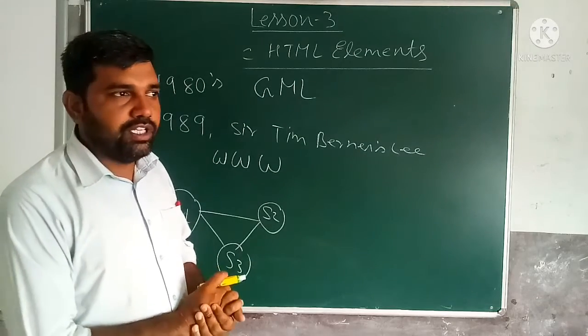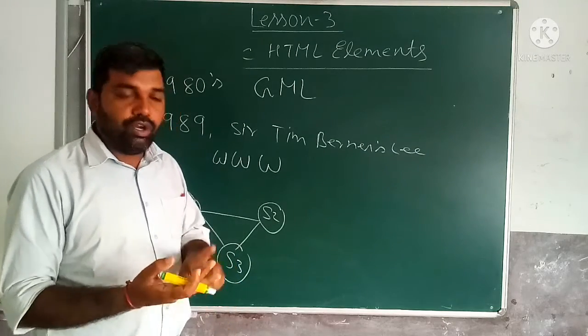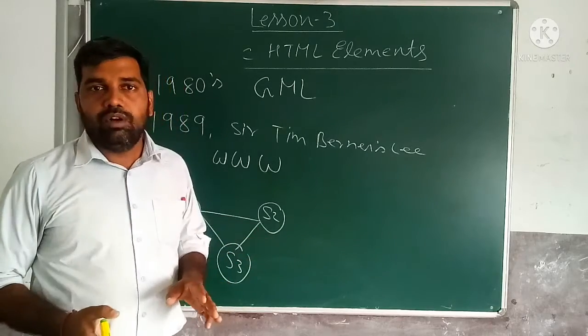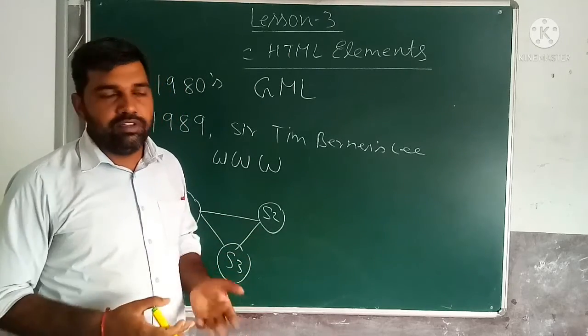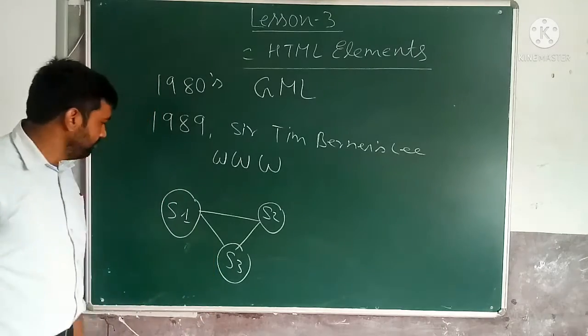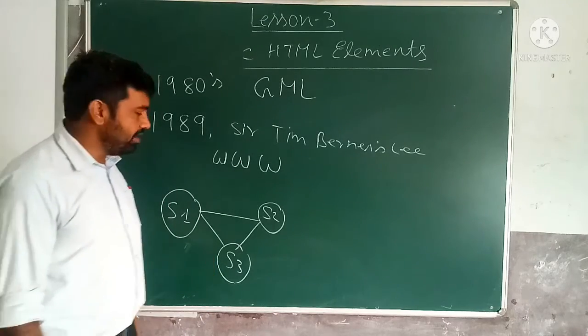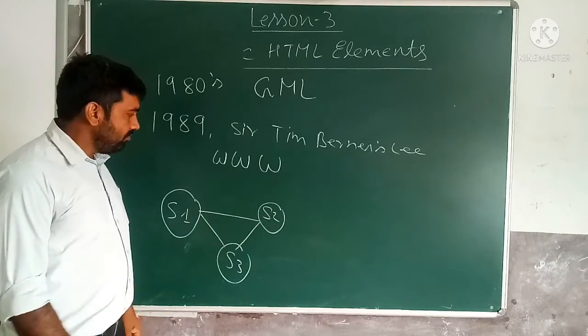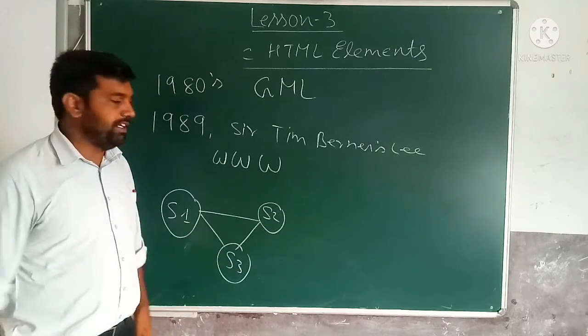So all the information, text information, audio information, video information. A web page is a platform on which we can add different types of information: text, audio, video, graphics and all. So all the information is stored in the form of web pages in the web servers. Now, a collection of web pages makes a website.